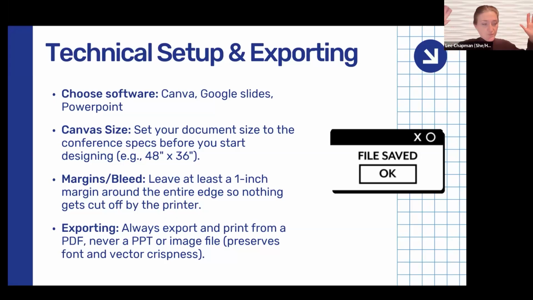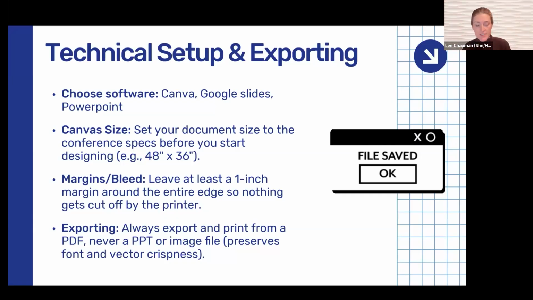You want to make sure you have that margin so all of your content is nicely framed. Like matting on a picture, it makes it a little easier on the eye to view. So at least a 1 inch margin around the edge, and always export for the printer as a PDF.